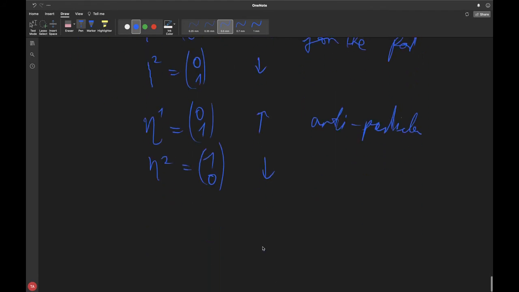So if we want to move so that we are not anymore at the rest frame, then these u and v will move into the following.